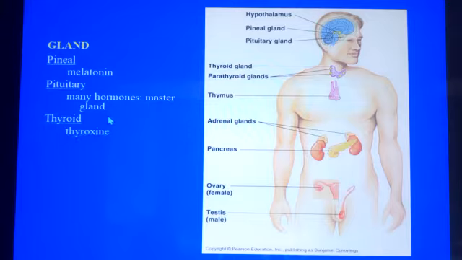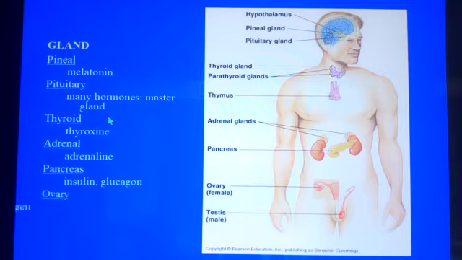So in this diagram that we have here, we have some of the sites and the specific type of hormone that is produced. For example, the pineal gland is known to produce the hormone melatonin. The pineal gland is found at the forebrain.